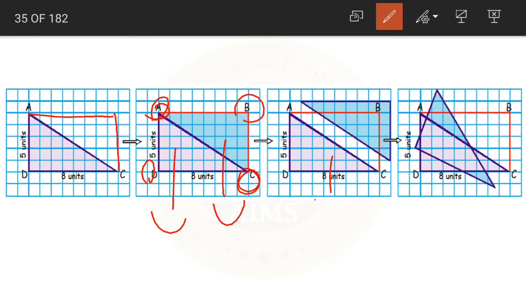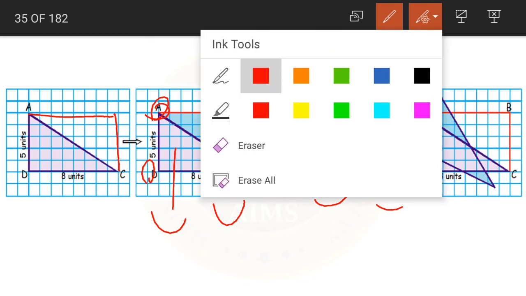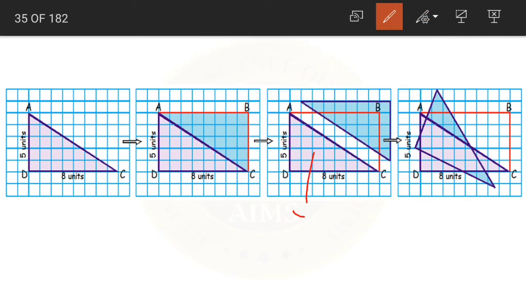Now these two triangles, if you cut on a piece of paper and observe, these two triangles will have the same area. They both overlap each other. When placed on each other, they both have the same area.